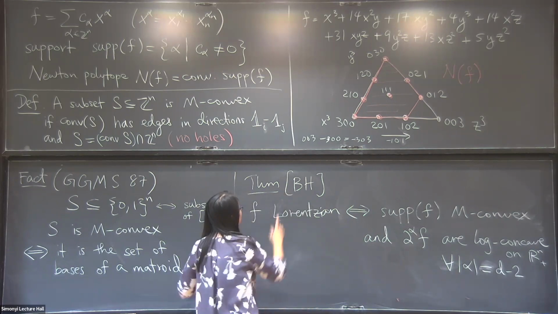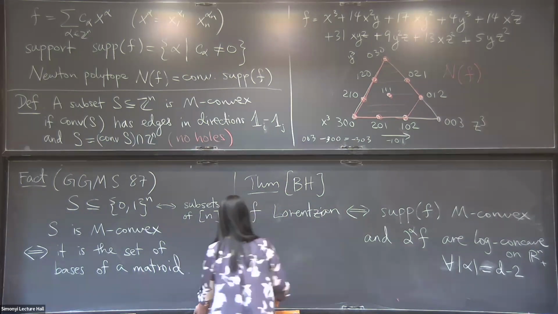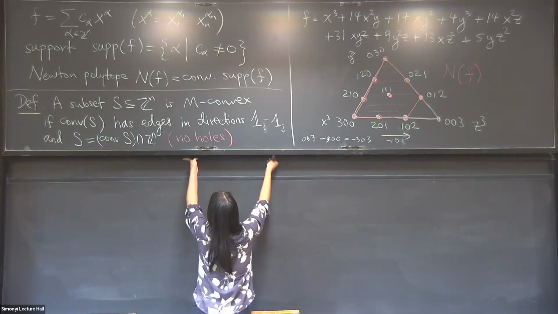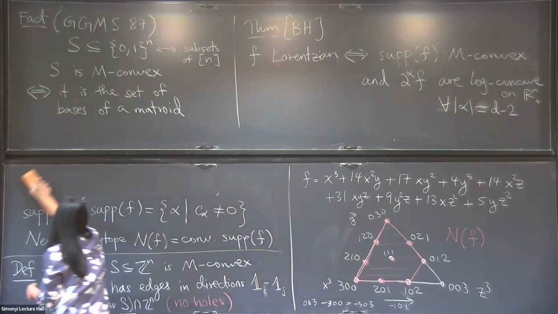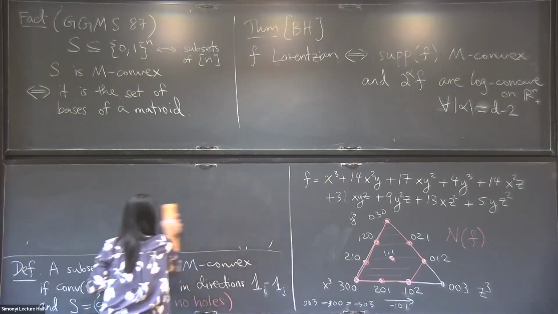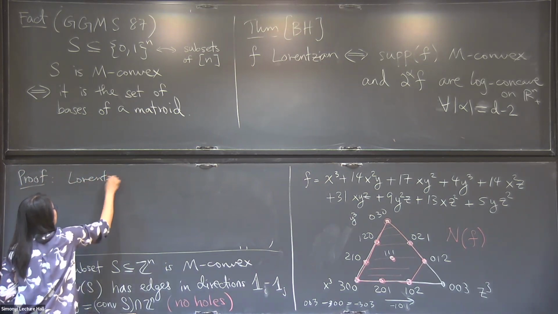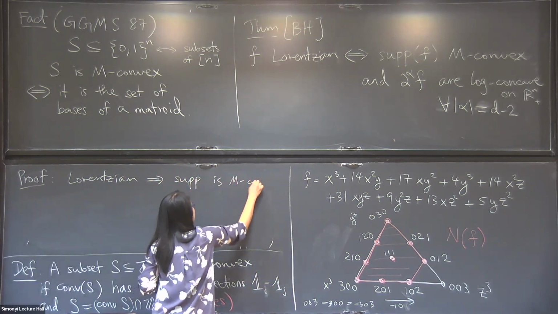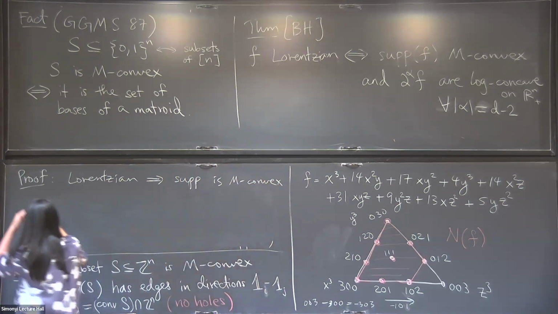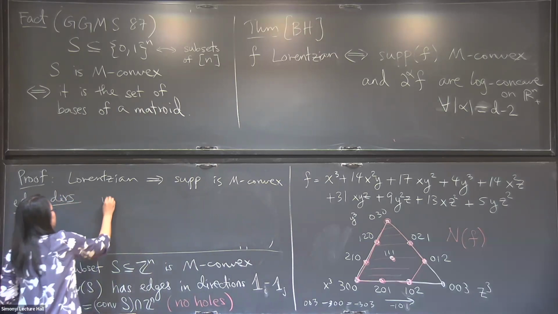Let me do it in this example. Our goal is to try to prove that Lorentzian implies support is M-convex, and let's do the edge directions. For that, let me define some notation.